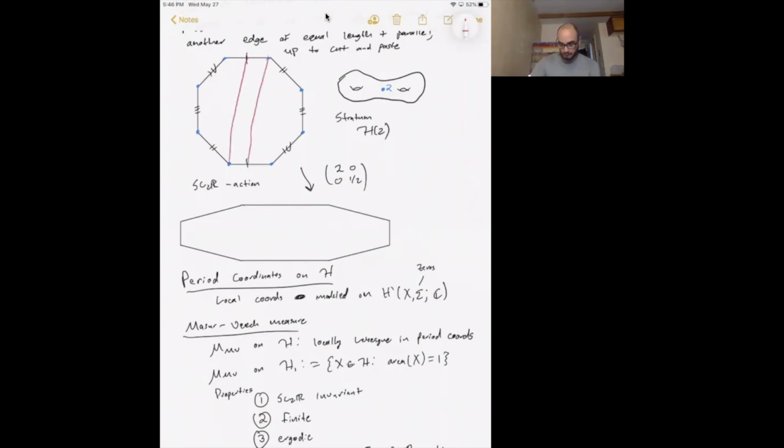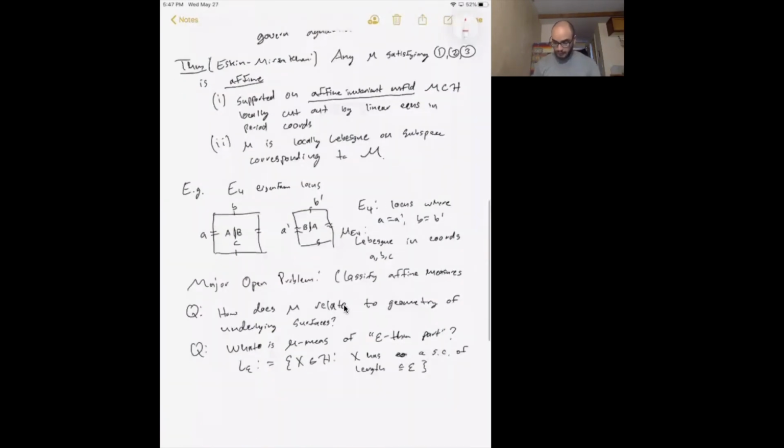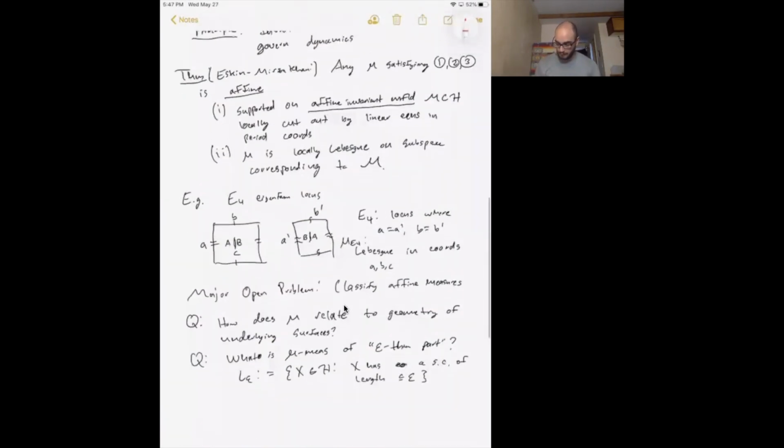So you go over here, but then of course you get identified down here, and then you keep on going up here. So these are special trajectories that we want to study, and they have a lot to do with the compactness of the stratum. So to degenerate a translation surface, you have to make a saddle connection short.